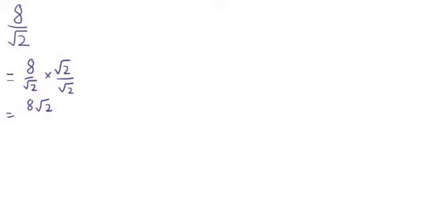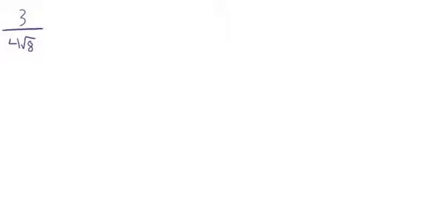And over root 2 times root 2 will be root 4, but root 4 is a square number, so we're going to simplify that to 2, because it's a root. So then we have 4 root 2, because we divided 8 by 2. And 4 root 2 is the final answer.